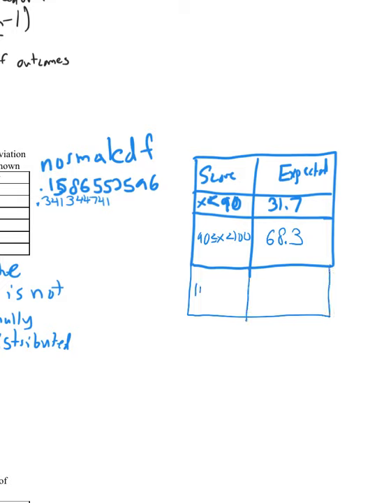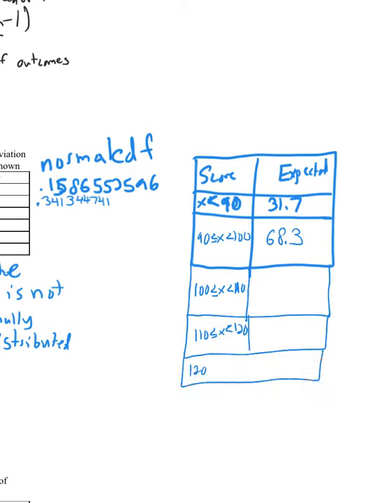And then I keep going, and I'm going to do every single column like this. I think we go all the way up to 130. There we go. All right.